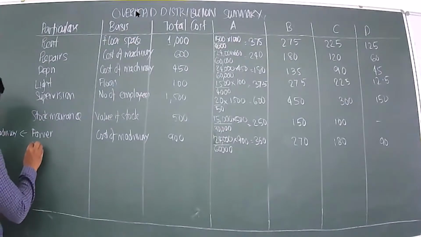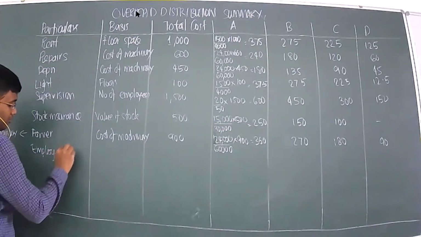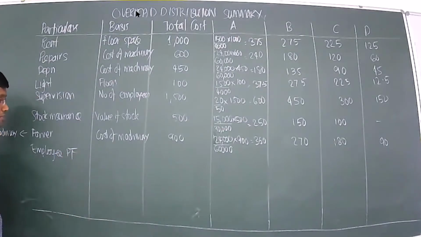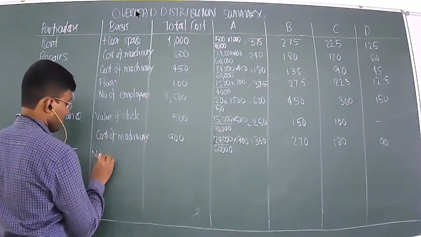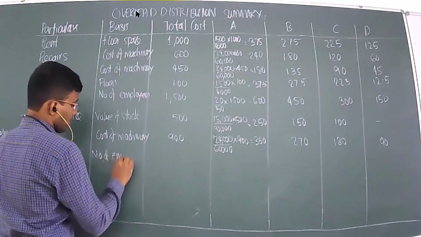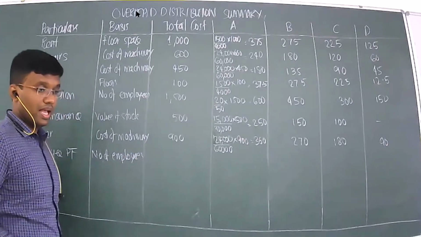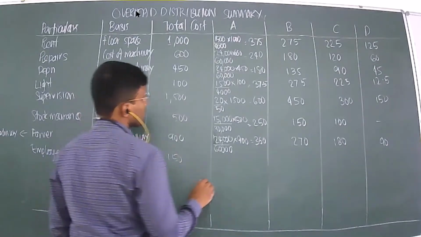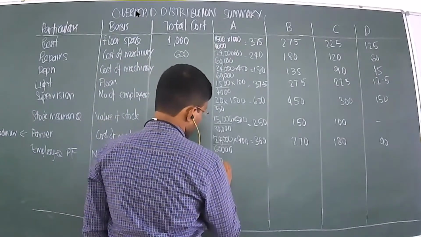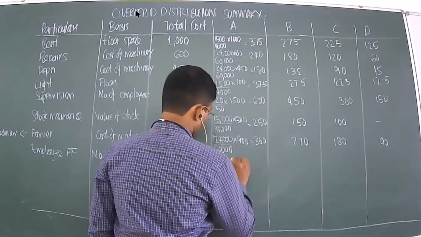Finally, last is employee PF. Employee PF will be based on number of employees, and for PF we are spending 150. So the basis would be number of employees divided by total number of employees into 150.